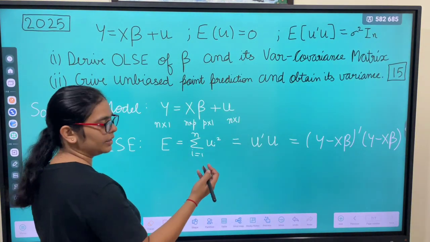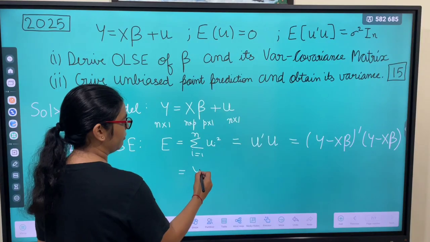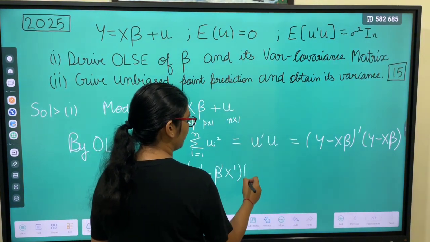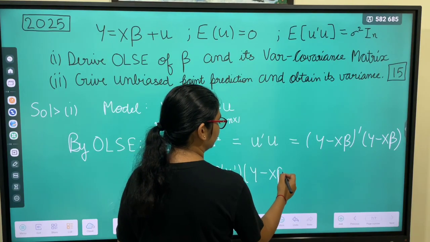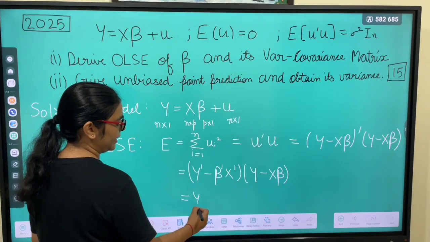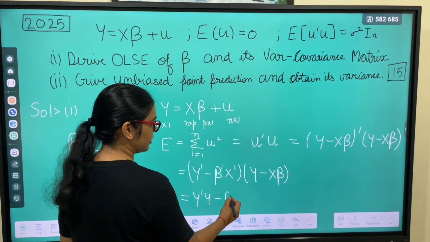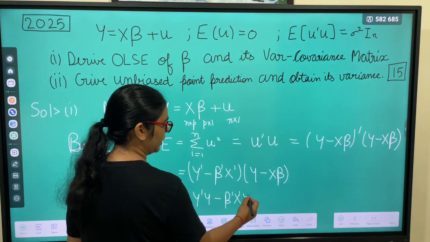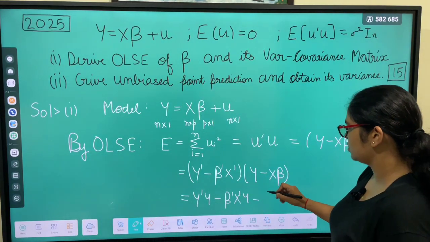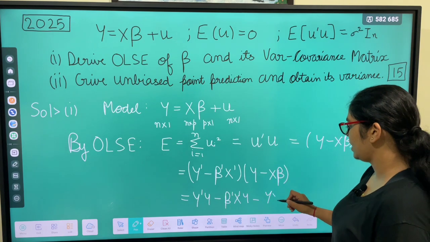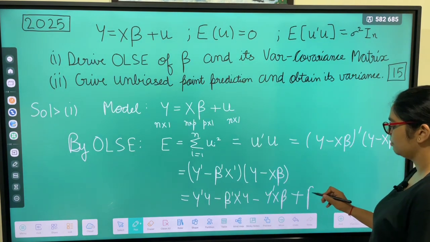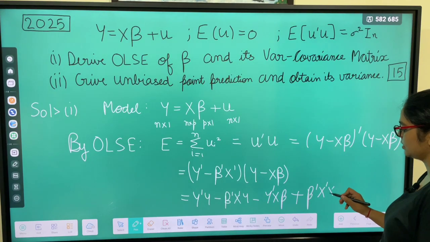Now taking the transpose, we will get y dash minus beta dash x dash into y minus x beta. Multiplying both the terms, we will get y dash y minus beta dash x dash y minus y dash x beta plus beta dash x dash x beta.